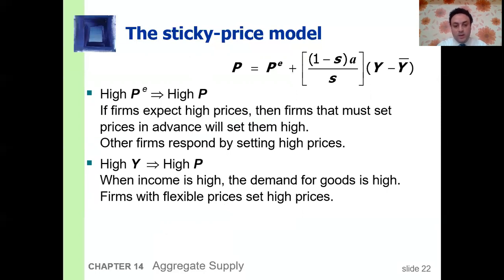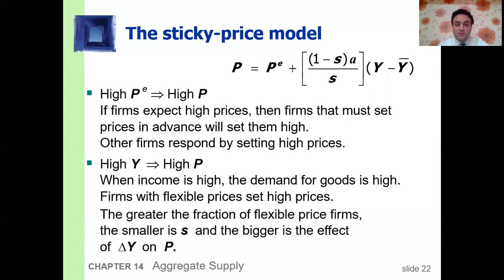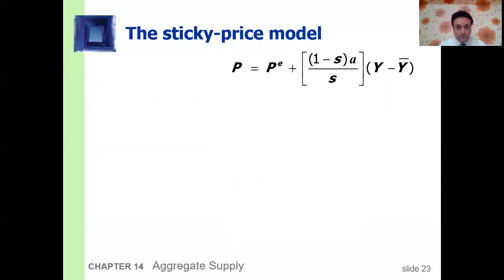When income is high, the demand for goods is high, so firms with flexible prices set high prices. The greater the fraction of flexible price firms, the smaller is S, the fraction of sticky price firms, and the bigger is the effect of the change in income on price.